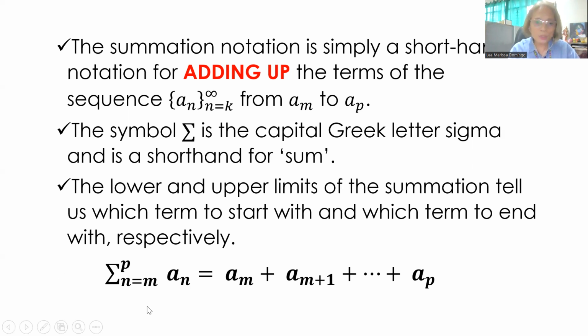Okay? So, dito sa ating example kanina, where we have the summation of a sub n when n is equal to m up to p, yung a sub m, yan yung ating first term, at yung a sub p, yan yung ating last term. Yung m is the lower limit at yung p yung upper limit.